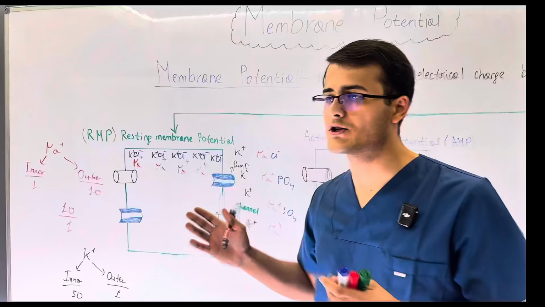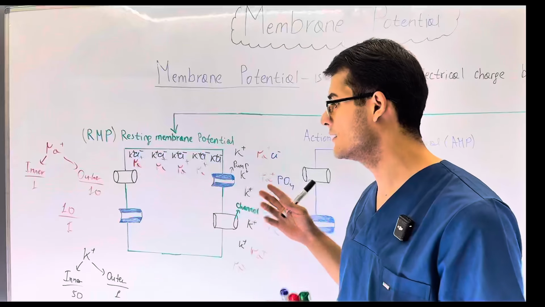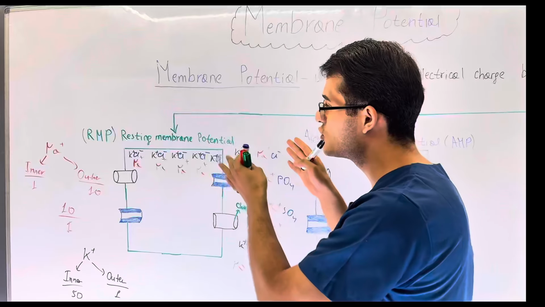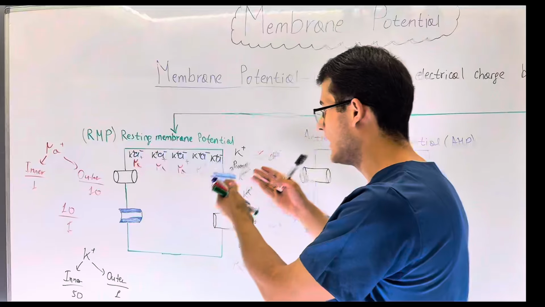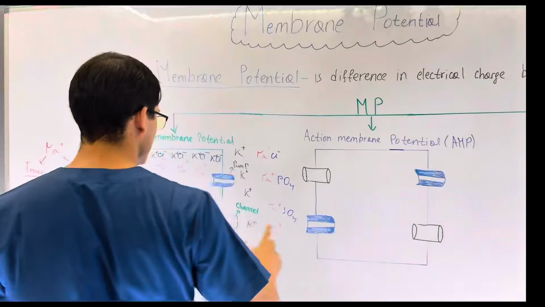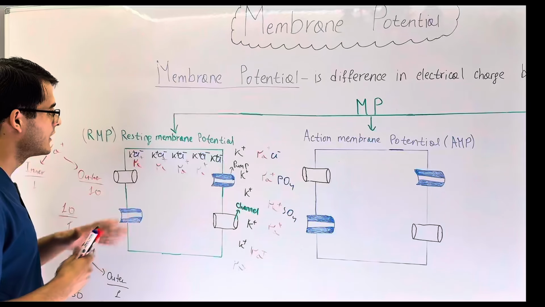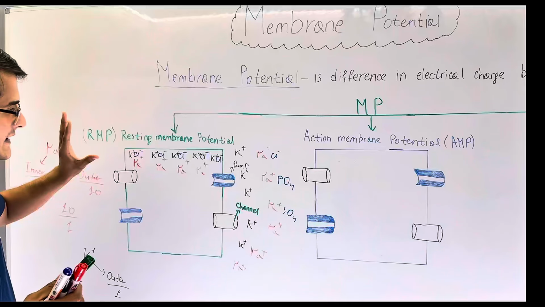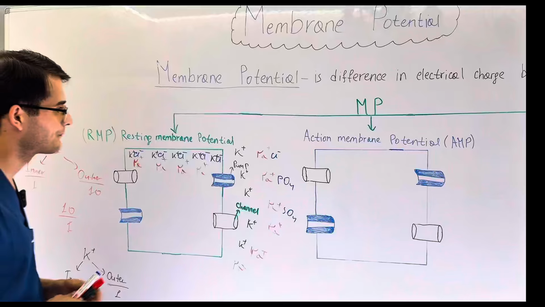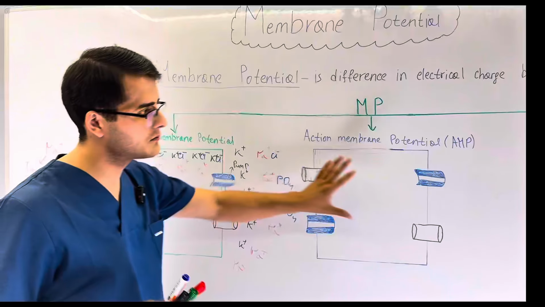No, it is a ratio, and it doesn't mean that there is only one potassium outside the cell. This ratio is for you to understand that the potassium is more inside your cell and less outside of your cell, but it doesn't mean that there is only one potassium inside or outside. So this was the structure and state of your cell during the resting. Now we're going to move to the action membrane potential.